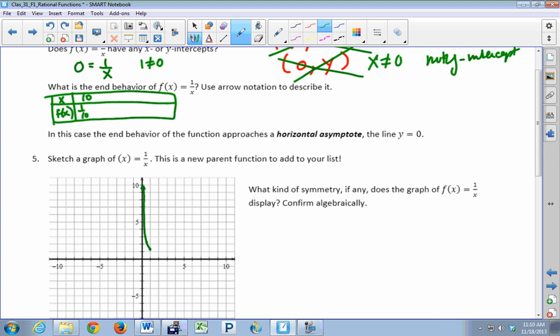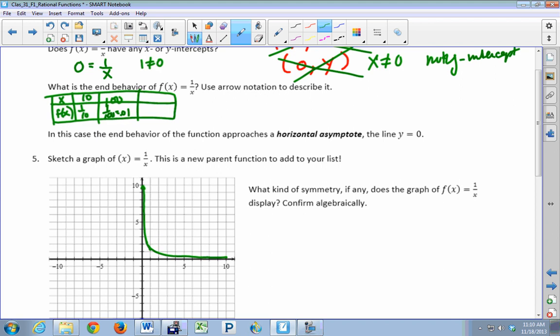If I'm out here at 10, I'm barely above the x-axis. My y value is really, really tiny. What if my x value is 100? What is my f of x value or my y value? 1/100, which is even closer, 0.01.